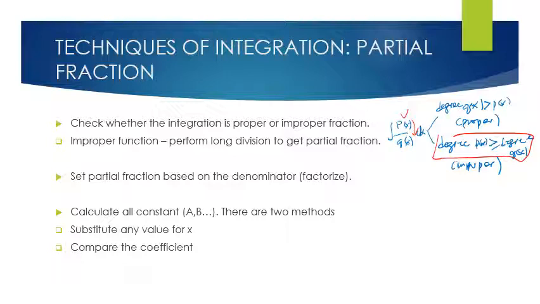Another tip that I want to share with you is to set up the partial fraction based on the denominator, which means we need to factorize the denominator so that we can solve by partial fractions. Another tip is to find a and b, all the constants here. There are two ways. We can substitute any value of x, because x can be any value, whereas a and b are fixed constant values. Or another way to find a and b is to compare the coefficients.